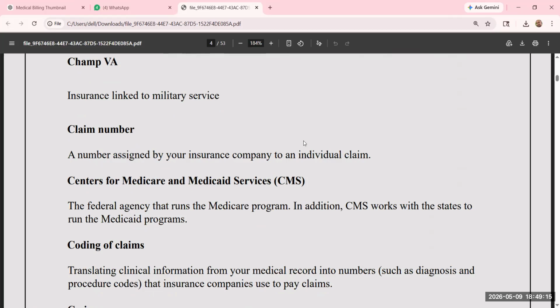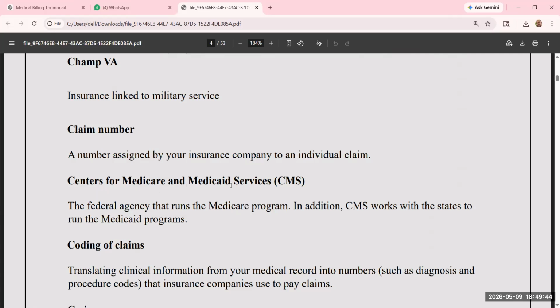However many services are performed that day, we create a single claim number. Sometimes some insurances have a guideline so we create multiple claims for multiple CPT codes. This depends on the requirement, but generally the claim number is single, with multiple CPT codes appended and sent to the insurance company.